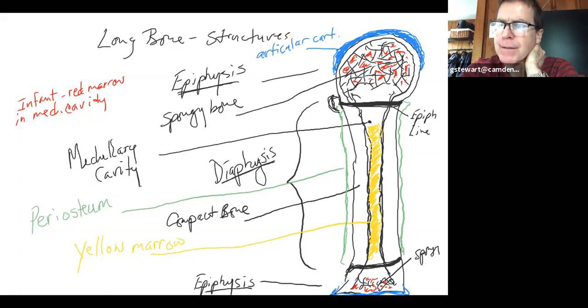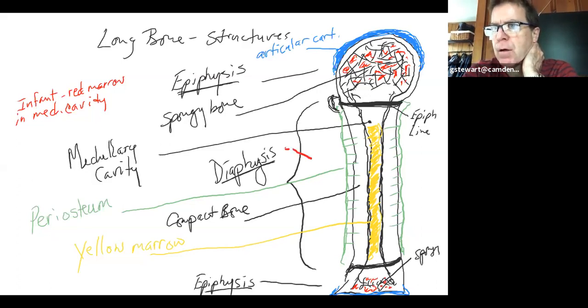Now this periosteum, this connective tissue out here in green, it's actually attached to the bone with these little penetrating needles of connective tissue like this. One of its functions is it provides a route for arteries and veins to go into the bone tissue. So I'm going to draw a main artery going in through the periosteum and into the bone tissue.